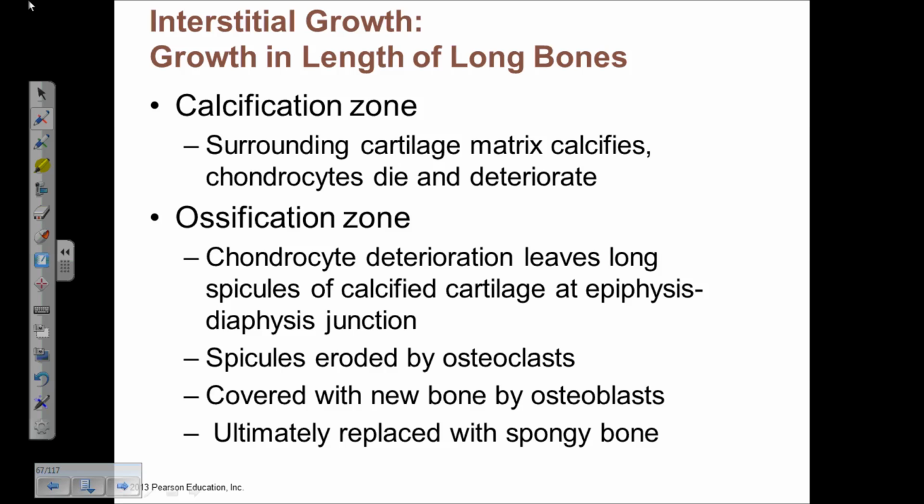That is fairly what it's going to look like. It slowly becomes solid. From the cheesy appearance, it becomes like a stony appearance. Is that a bone? No, not yet. So you have pretty much calcified cartilage at the junction between epiphysis and diaphysis.